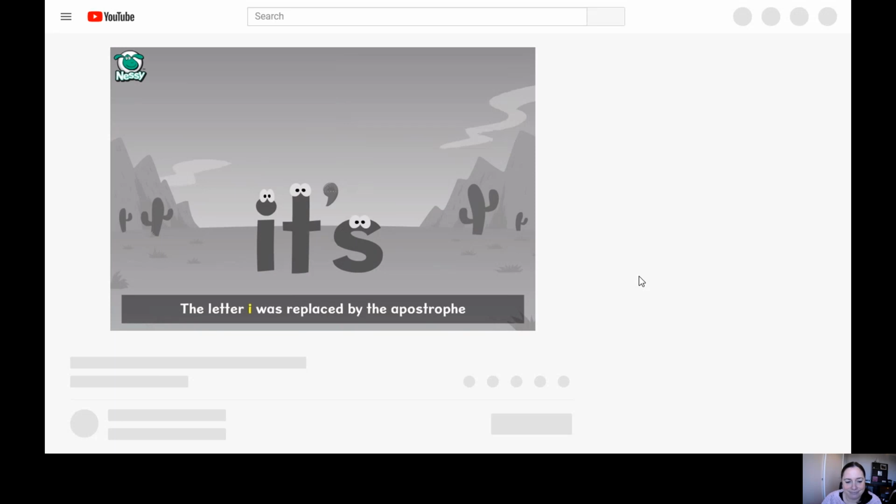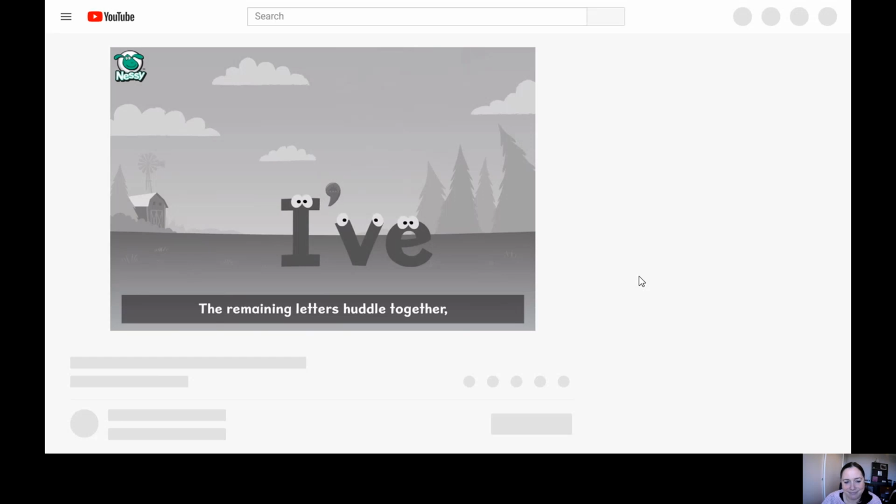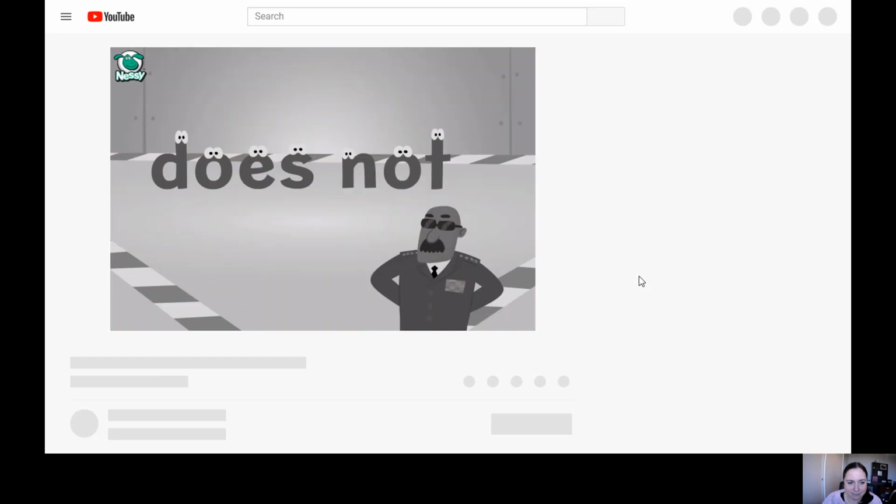The letter I was replaced by the apostrophe, making a new, shorter word. It's. At exactly some time in the afternoon, two more words, I and have, were approached by an apostrophe. This time, two letters were removed. The remaining letters huddled together, unaware that an apostrophe has replaced the letters that were between them. The apostrophe caused the two words to contract into a single, shorter word.